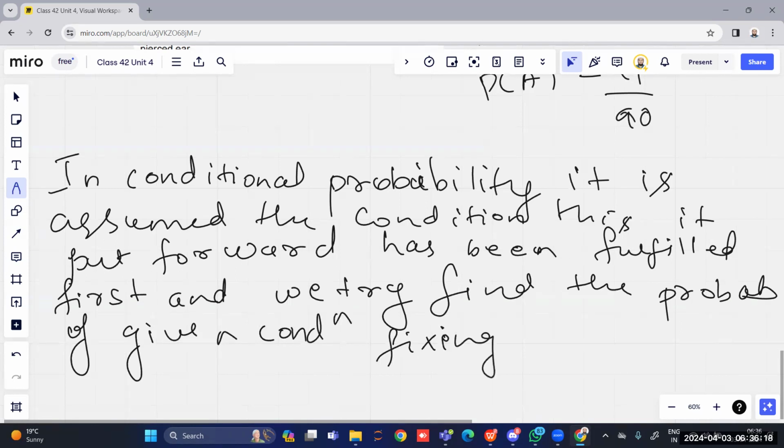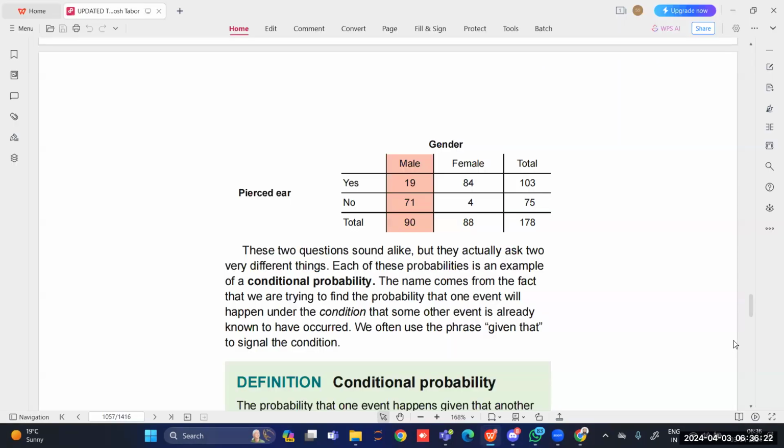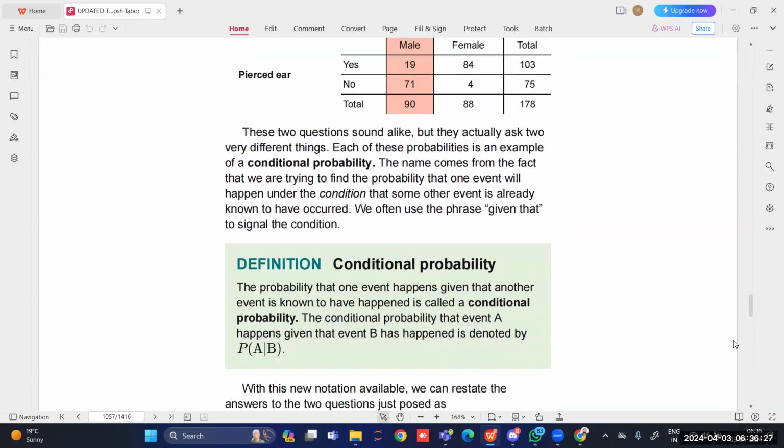Meaning the first which they have chosen, we fix it that way and try to find the probability of the second. That's the thing.